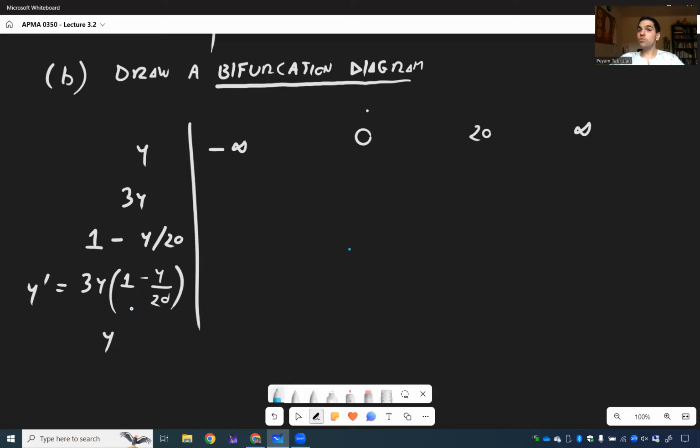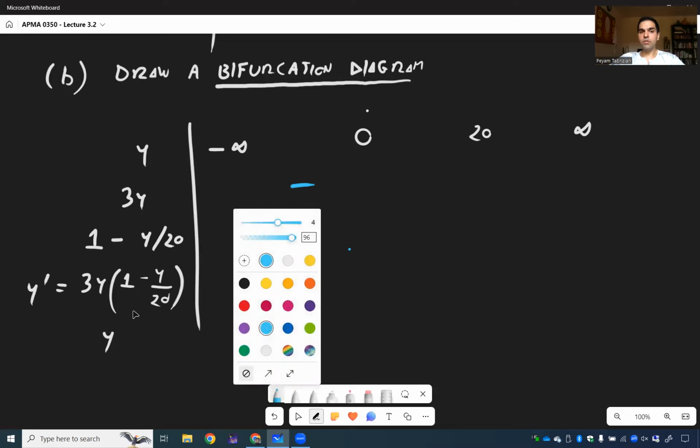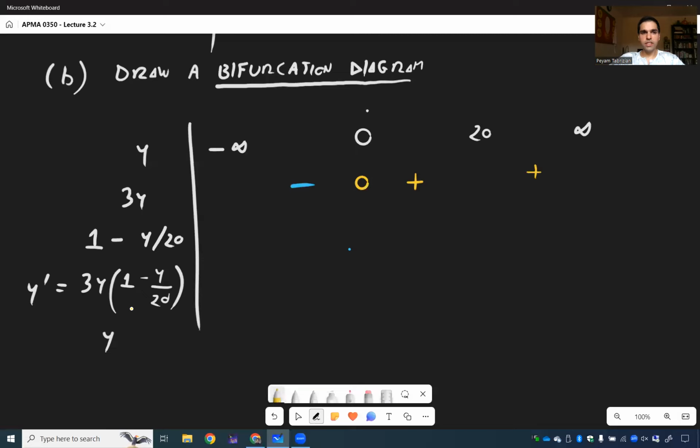So if y is between minus infinity and 0, 3y is negative. And then if y is between 0 and 20, it becomes positive, and then positive. And here it's 0. And then let's continue with 1 minus y over 20.